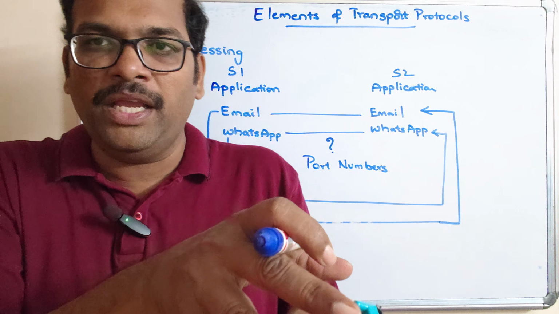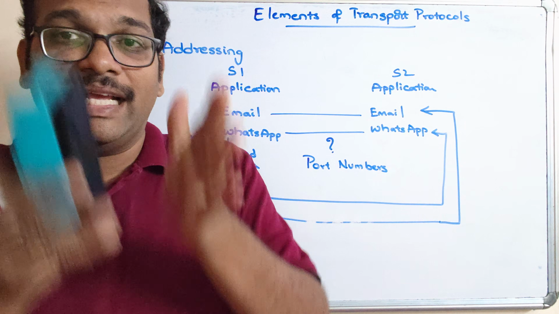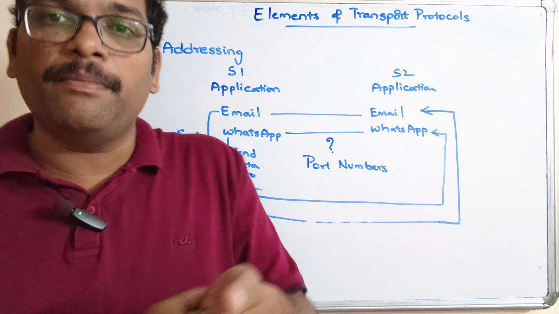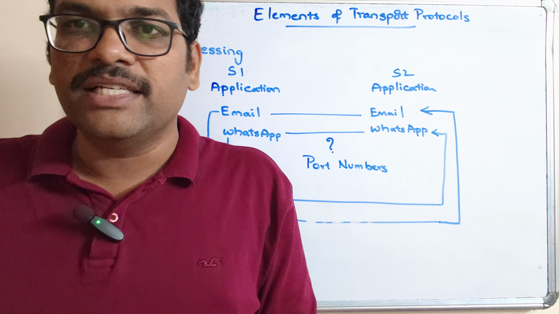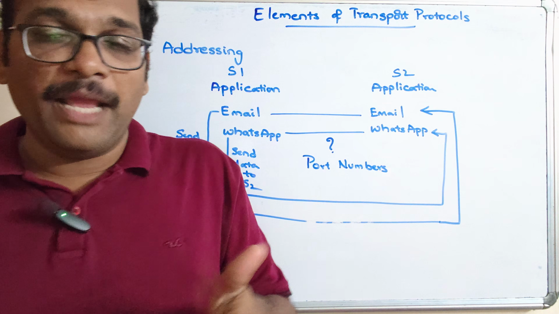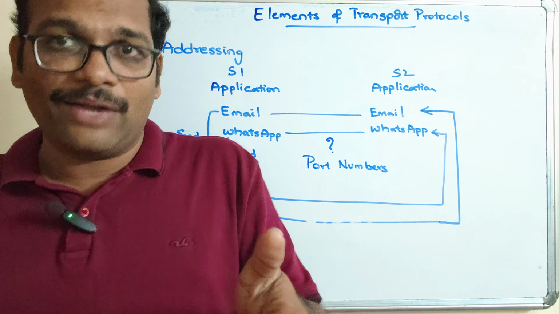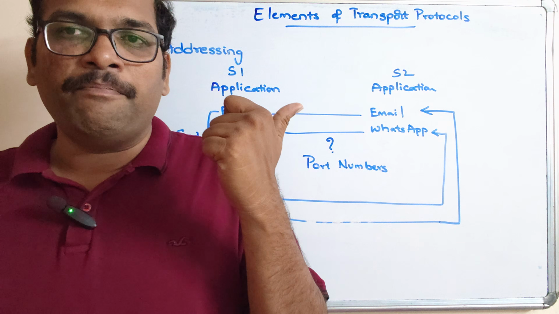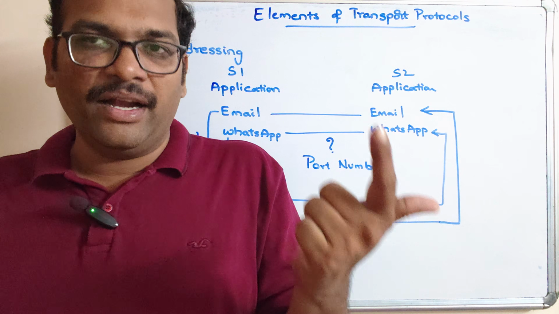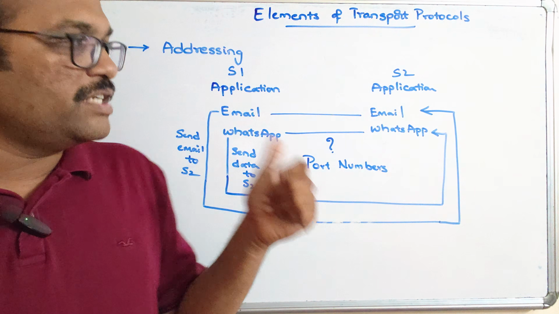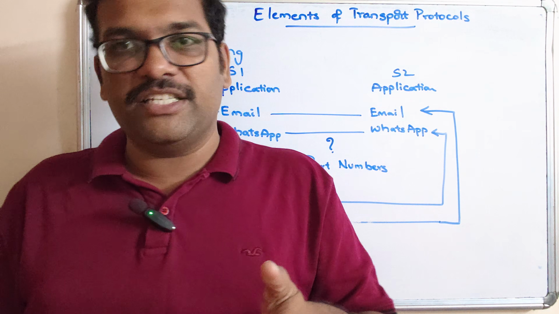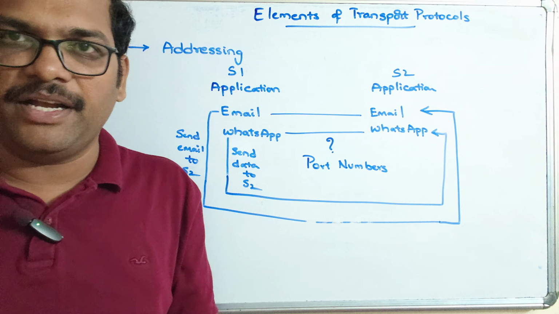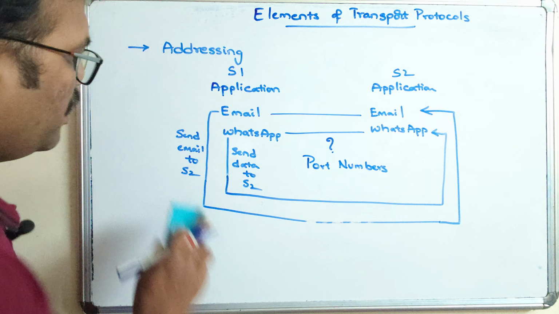Then in that particular system, it needs to identify the port number to which the data should be sent. So the IP address identifies the LAN network and system, the MAC address is a physical address to identify the device, and the port number identifies the application. For every application there will be a port number. This is how addressing is done in the transport layer.